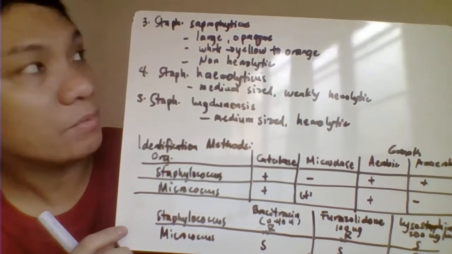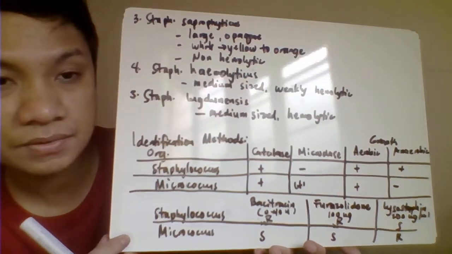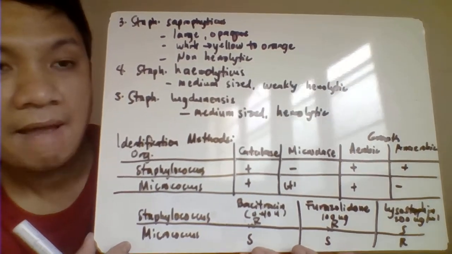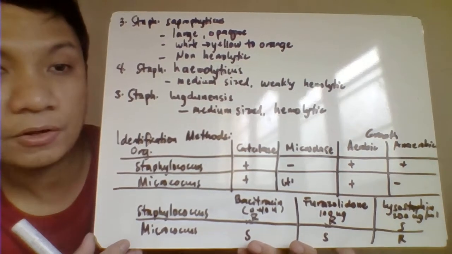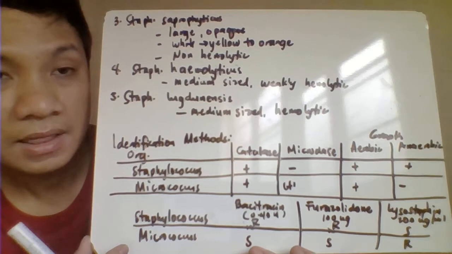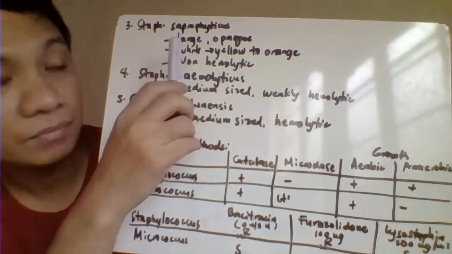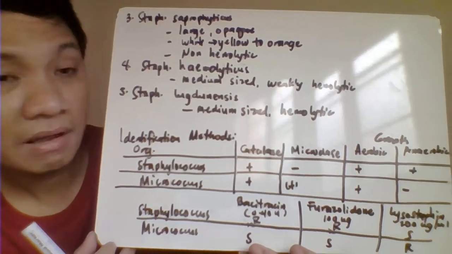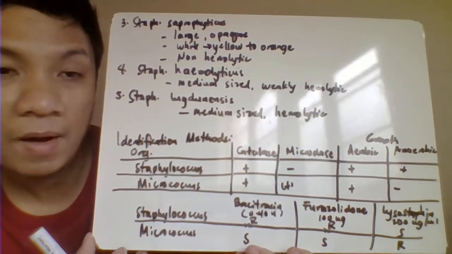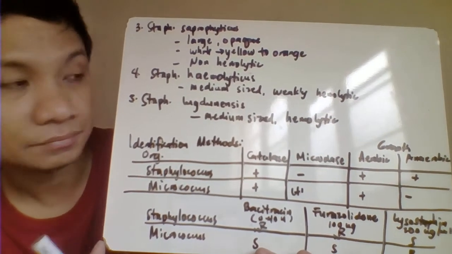On the next one, we have your Staph saprophyticus. Staph saprophyticus has a large colony, but that one is yellow to orange, or could be white, yellow to orange. It eventually has an opaque colony, and that one is non-hemolytic.